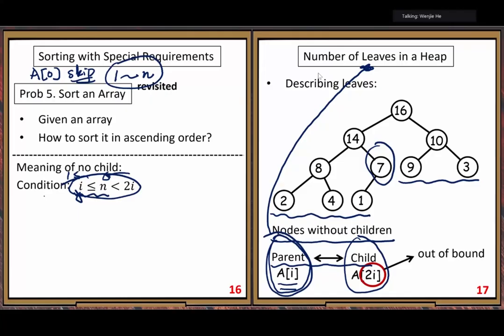All right. Now we want to count the number of leaf nodes. With this formula, now let's do the counting. How many indices satisfy this condition? So we need to convert this inequality to another, more friendly inequality.